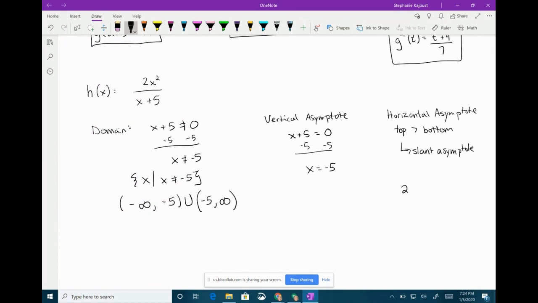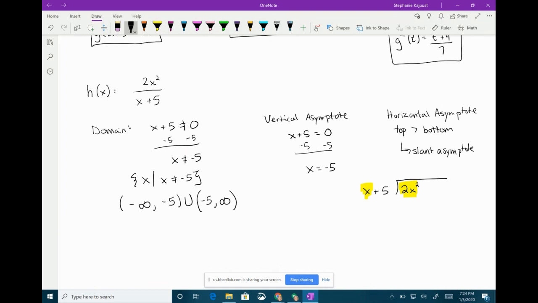But I'll do the long division just for good practice. So I'm taking what's on the top, and then I'm dividing it by the bottom. And when I'm doing long division, we always look at the first terms here. And so I want to divide x into 2x squared, or ask myself, x times what can get me to 2x squared.